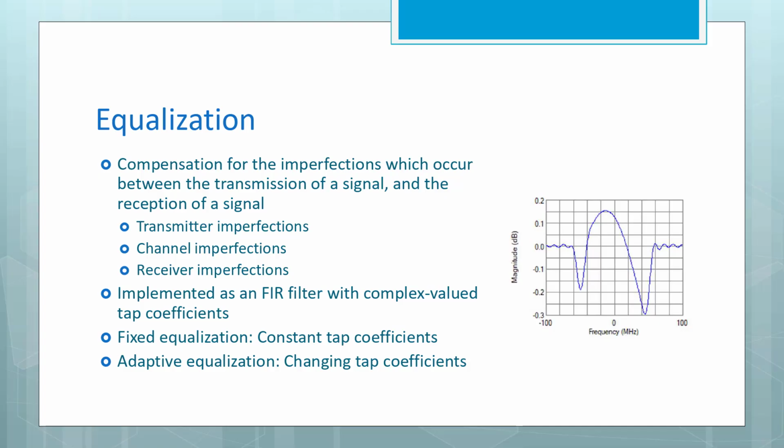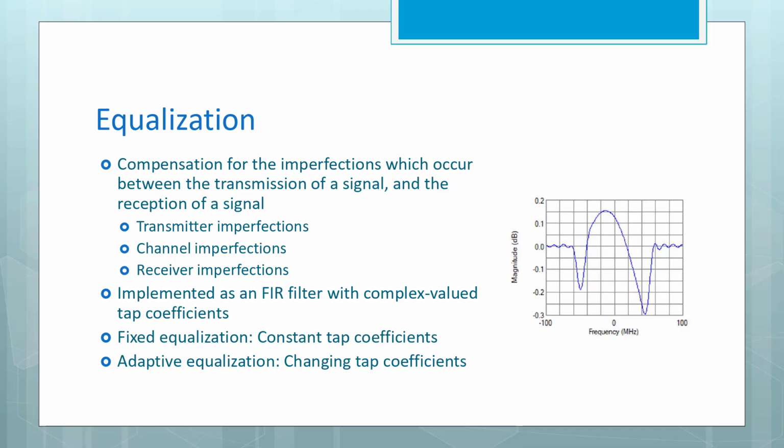The response of this FIR filter with complex taps is different to the left of the center than it is to the right. And that's what we want when we do equalization. So it's no more sophisticated than just an FIR filter, except that the tap coefficients are complex valued rather than the typical real valued coefficients.